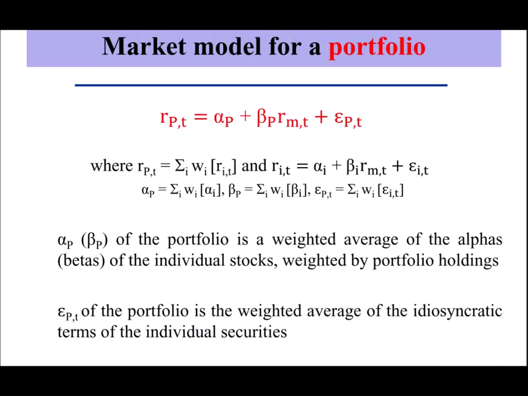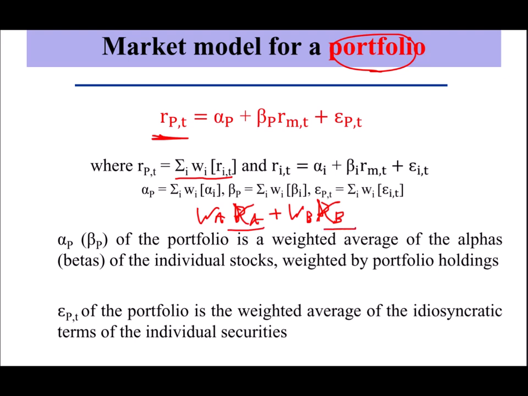Let's talk about the market model for a portfolio. Let's say we combine A and B to form a portfolio, and we call that RP. Then what is going to be RP? It's a weighted average of each asset. So in the two asset case, it will be WA RA plus WB RB. And then we can plug in the market model for RA and the market model for RB.